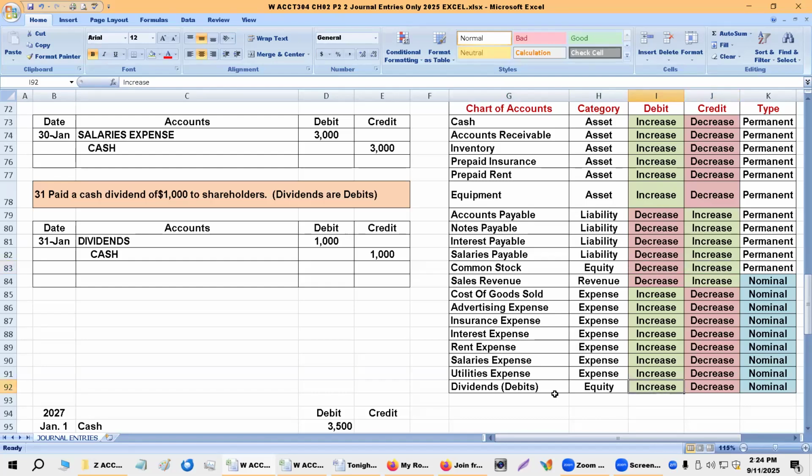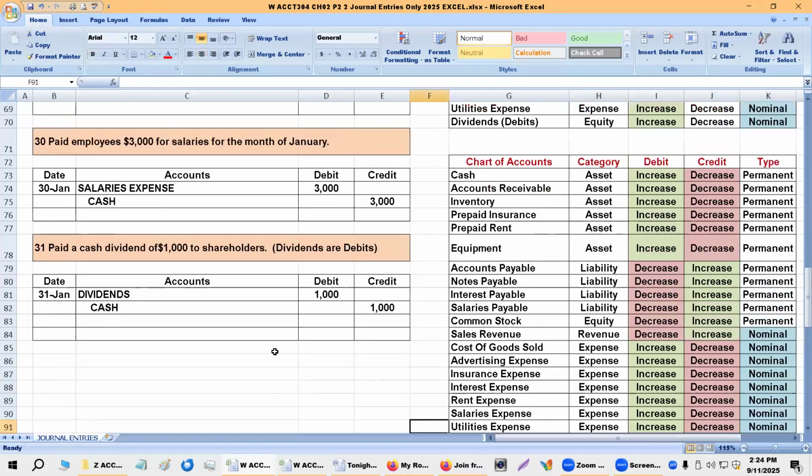But they almost always show this as increasing with a debit. So I will leave it because it is a use of cash. You also notice something is different about this equity account compared to this one. This one is a permanent one. This one is what they call a nominal. Nominal accounts are accounts that don't last.